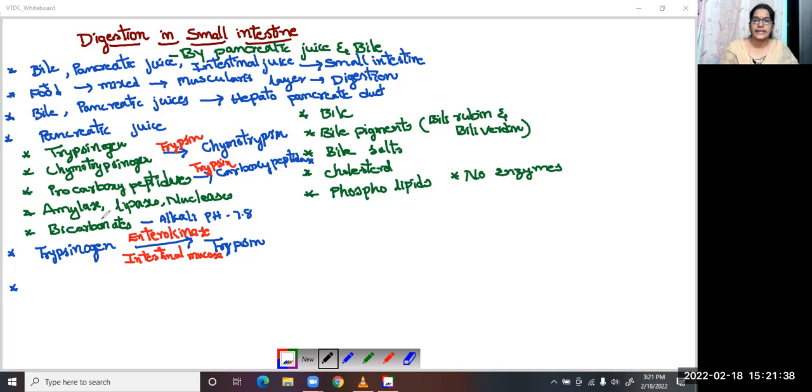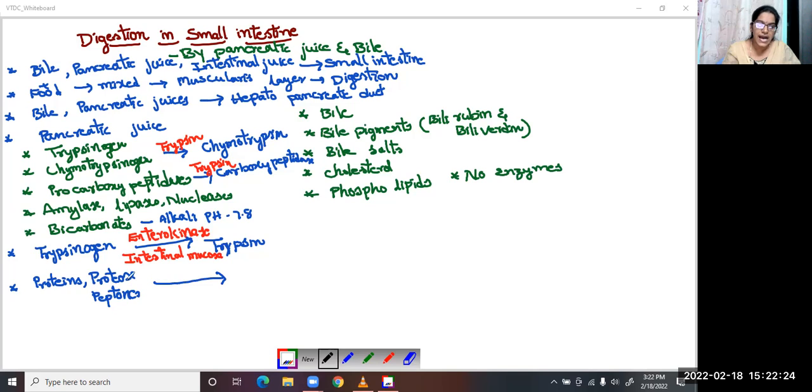And actually protein digestion started in the stomach. So proteins are partially digested. These partially digested proteins next reach the small intestine. They are acted upon by the pancreatic juice. And here are the enzymatic reactions of the pancreatic juice. This activated trypsin converts the proteins, proteoses, and peptones.